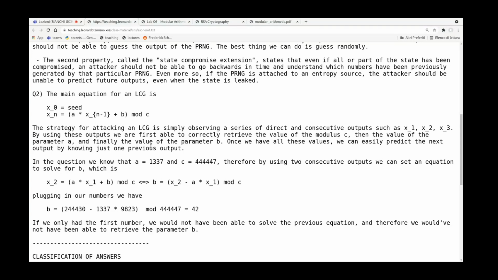So it was the mention of attacking by observing outputs. Knowing this means that when you implement such generators, you ask yourself: can an attacker see a direct output? Is this problematic for my generator?